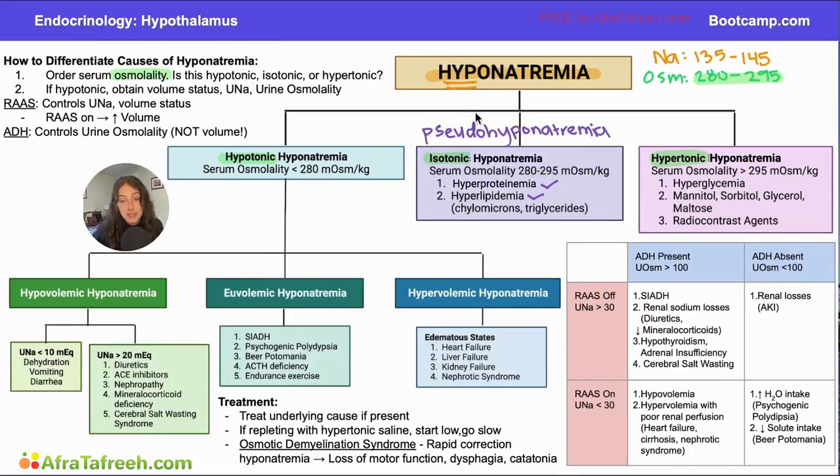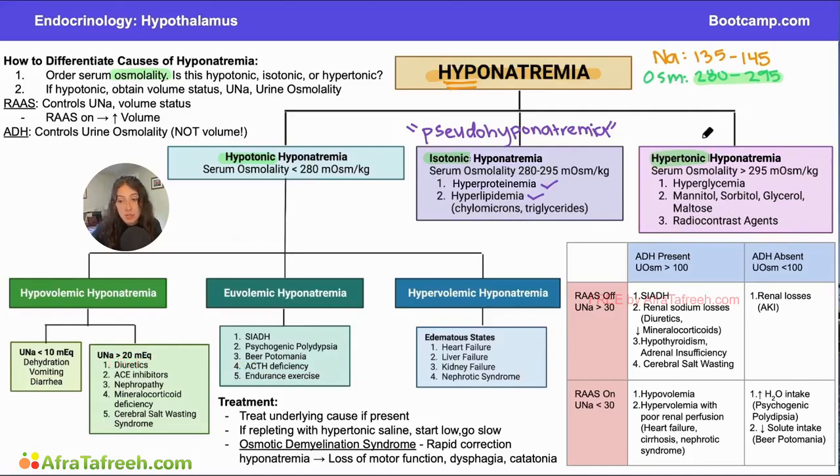You may sometimes hear this category of hyponatremia referred to as pseudo-hyponatremia, and it's pseudo, right, because it's kind of a fake hyponatremia. It's really just that you have too much protein or too many lipids in your blood, causing this machine to read out incorrectly that you have low sodium. So if we have a normal osmolality but low sodium, that's a pretty great diagnostic indicator that you're in this category right here.